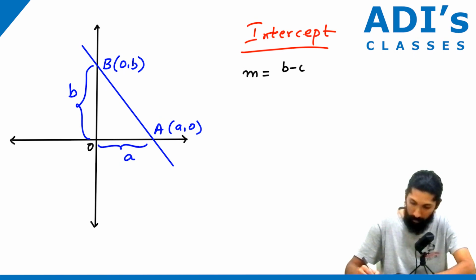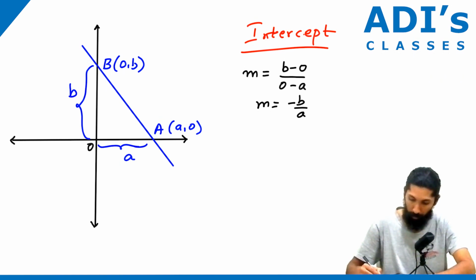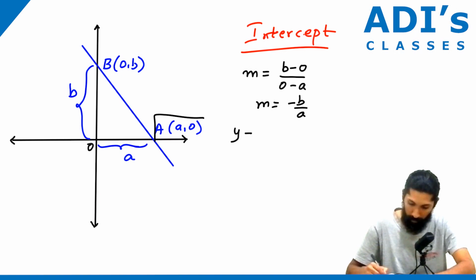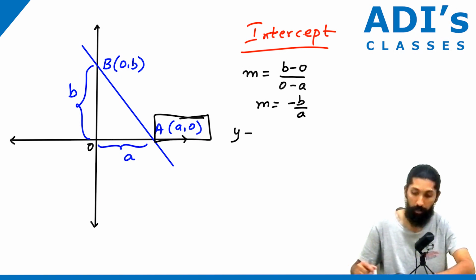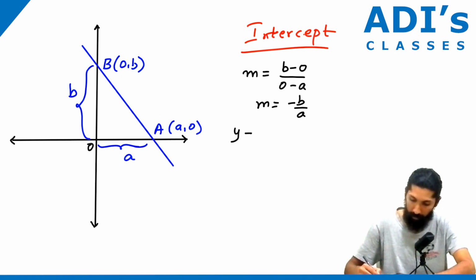B minus 0 divided by 0 minus A. So m is equal to minus B by A. Now slope point form, y minus y1. So I'll take this particular point. Okay, so we'll have y minus 0 is equal to minus b by a into x minus a.